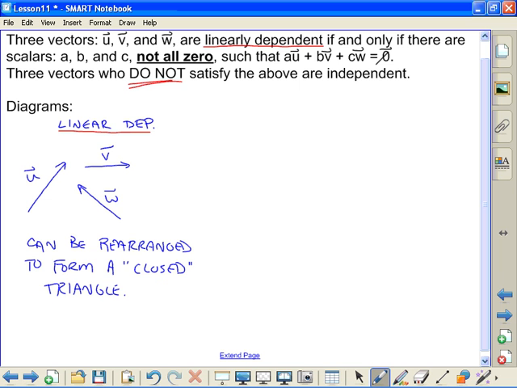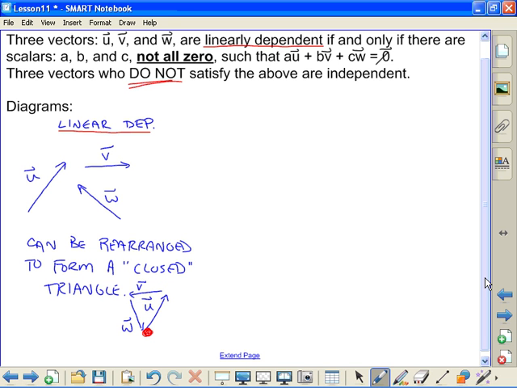So for the diagram I drew, vector u and I guess v would have to go this way and w flipped around so that we would get back to that starting point of u.